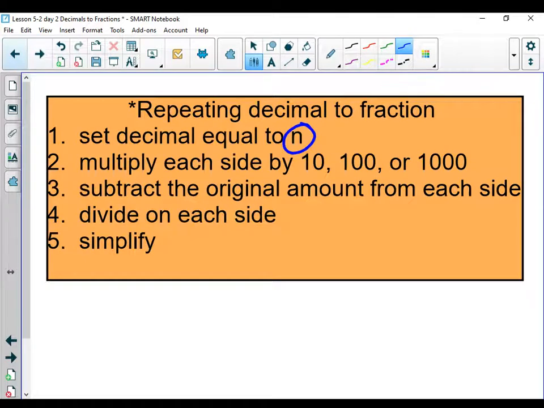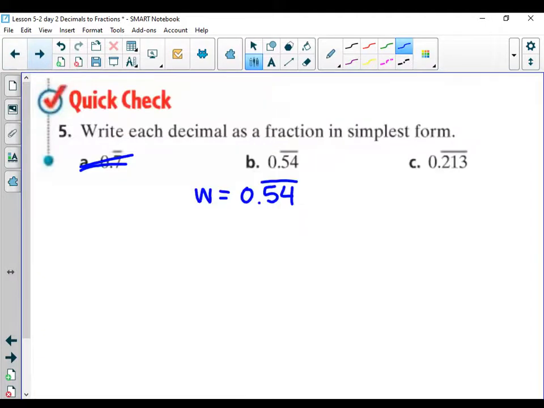Step 2. Multiply each side by 10, 100, or 1,000. It depends on how many numbers repeat. You don't have this 0.77777, but one number repeats, so I would have used 10 because it has one number repeating.